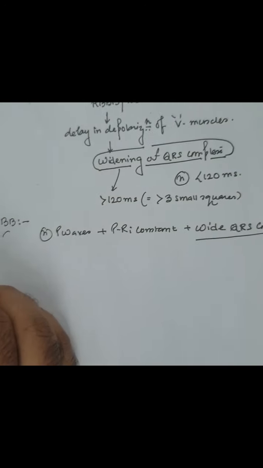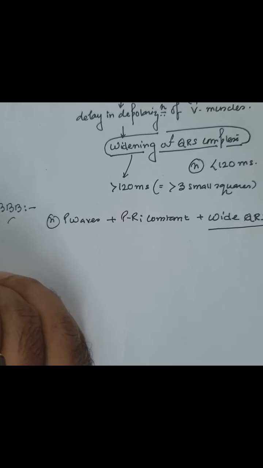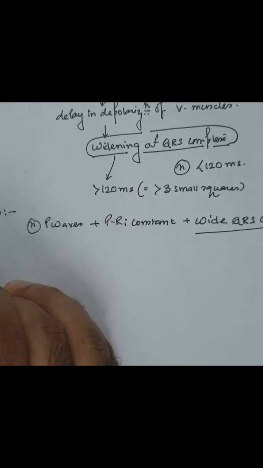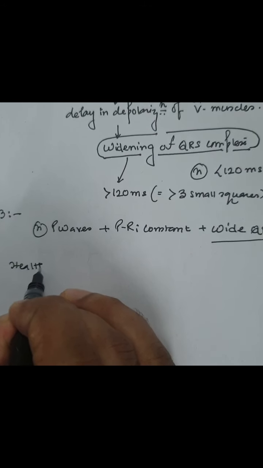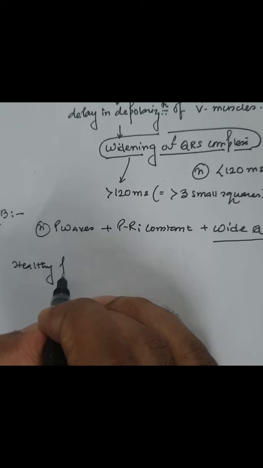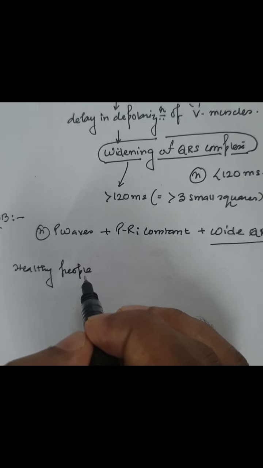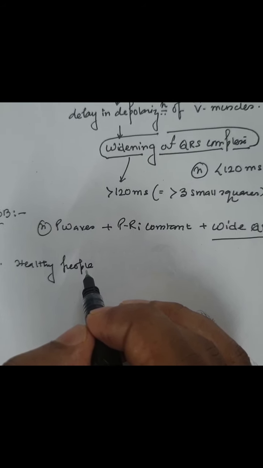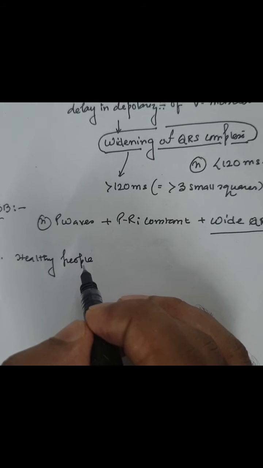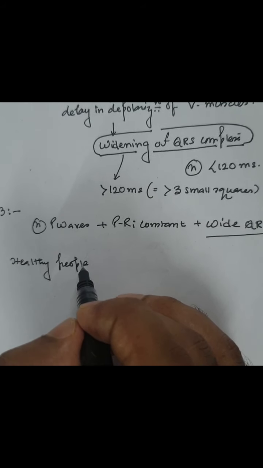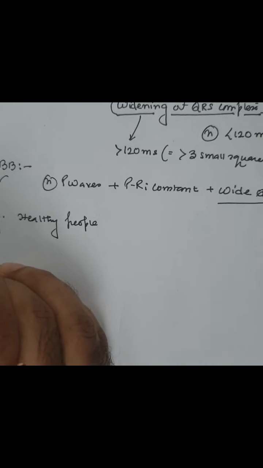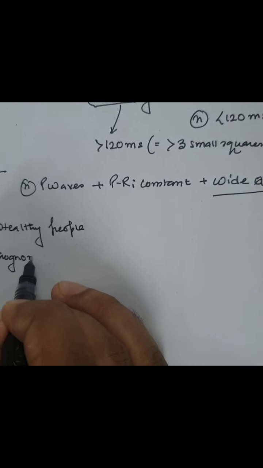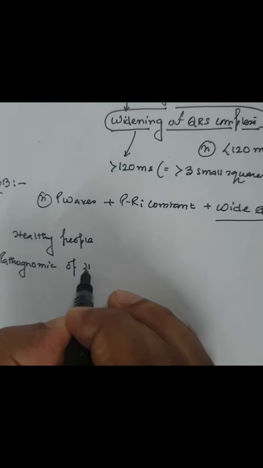So what are the different examples of right bundle branch block? Normally right bundle branch block is also found in healthy people. In case of tall or thin subjects, we can find the RBBB. But left bundle branch block is always and always pathognomonic of heart disease.